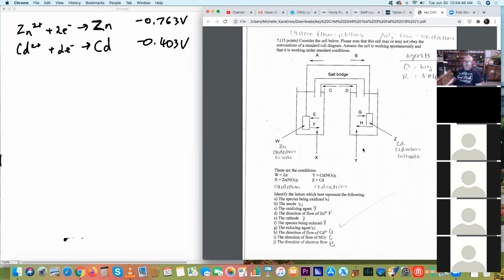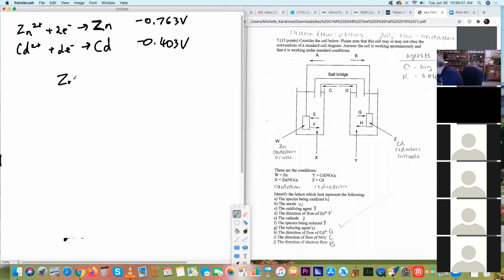As a general rule, you always flip the smaller of the two numerical values. So if I did that, this is how I'd end up. This is one of the rules of voltages: if you flip it around, you change the sign.